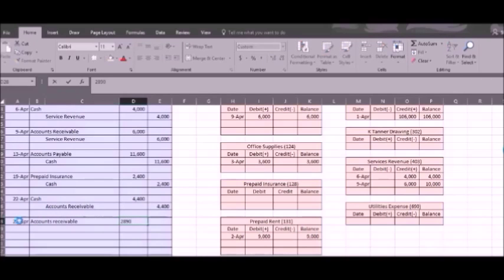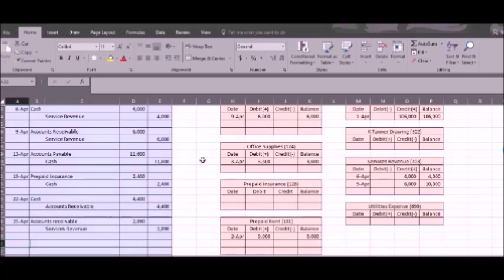They owe us that because we did work. So services revenue, increase in an asset, increase in our revenue account because we earned money, just have not gotten paid yet. Right? Accounts receivable, services revenue.